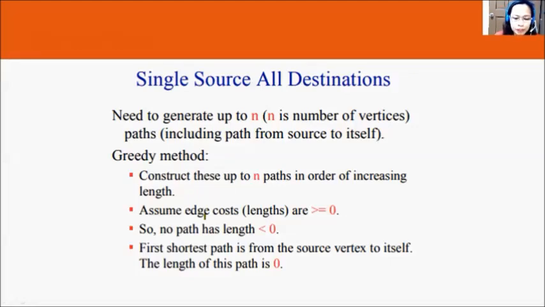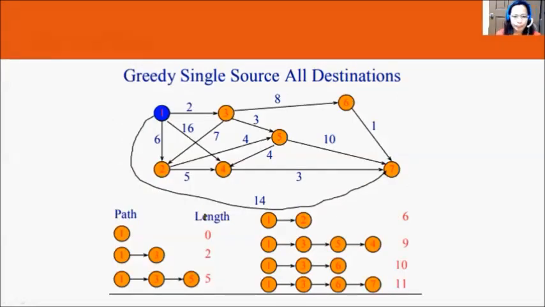So the first shortest path is from the source vertex to itself. The length of this path is 0. Okay? So again, let's check the single source all destinations.